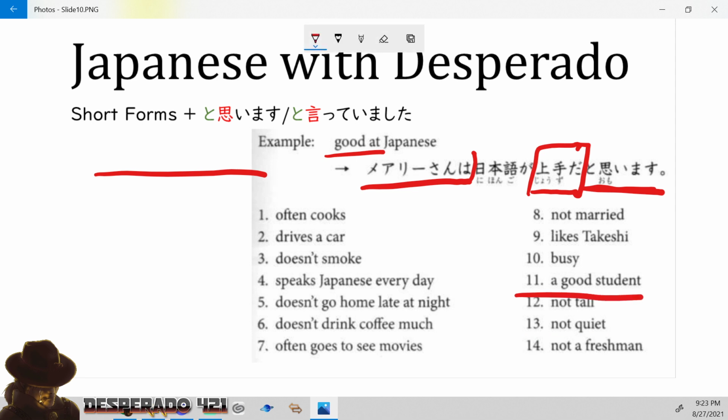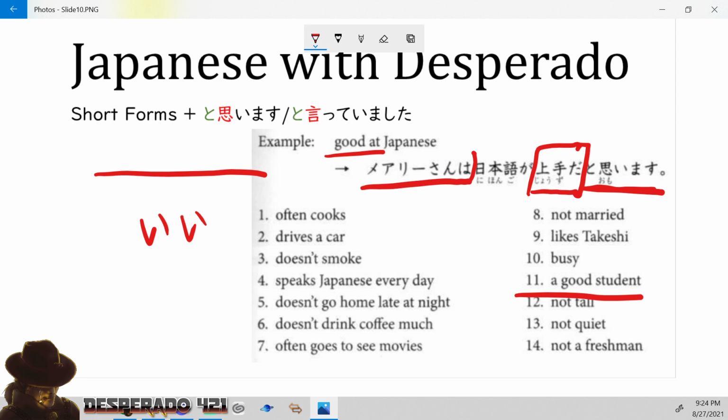A good student. Well, I'm going to go gakusei. Very good. But what is good? I'm doing hard mode right now. So E. Oh, it's iigakusei.